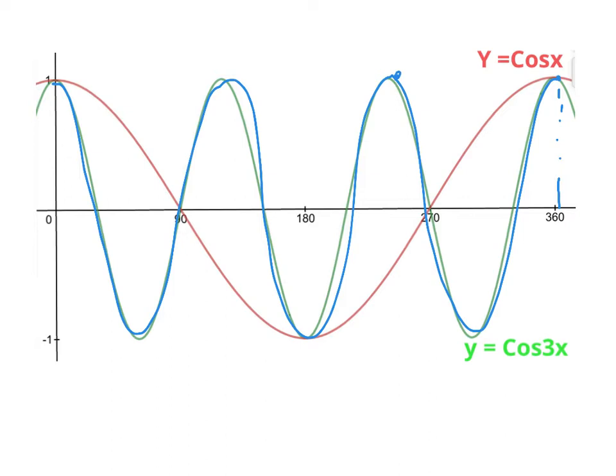I don't have a number in front of the x on the red one, do I? But there is a secret number 1. That red one was really just cos 1x, and it had 1 wave. The cos 2x one, I fitted in 2 waves. And on the green one, it was cos 3x, and I've fitted in 3 waves. So this number in front of the x is your number of waves.